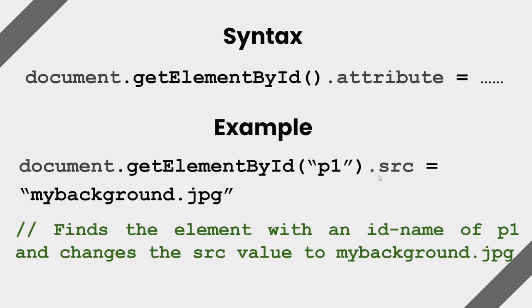So let's assume we had the image element with a source value of cat.jpg, an already existing image. With this example, we can actually change the image that is already existing on the web page, and I will show you how to do that.